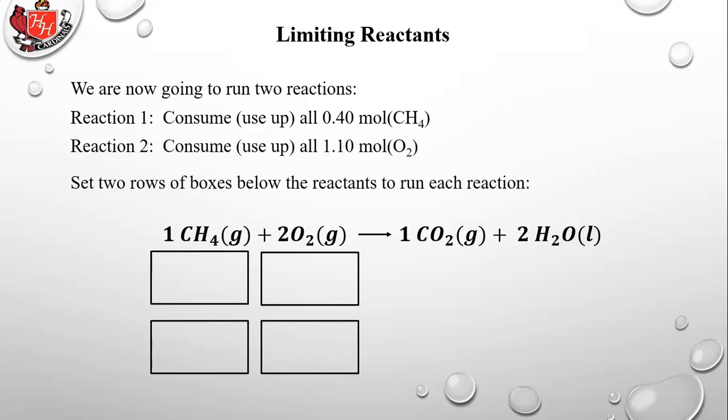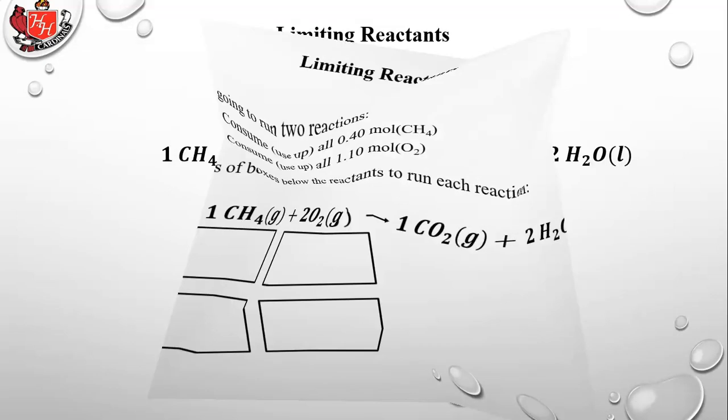Set two rows of boxes below the reactants to run each reaction. The top row is the reaction where we use all of the CH4. The bottom row is the reaction in which we use all of the O2. Now we're going to start filling in those four boxes.